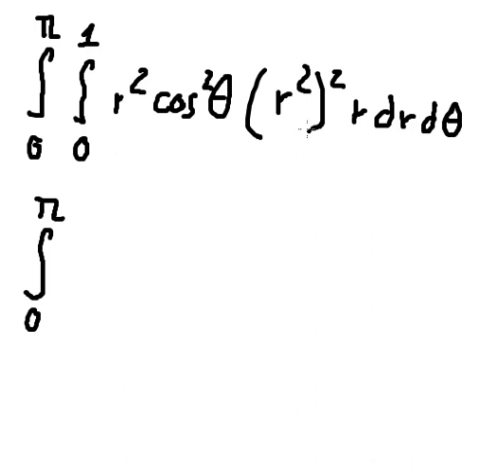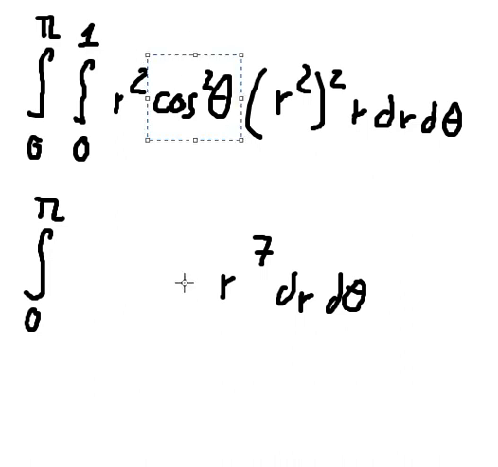So we have r squared to the power of 2 and r, that is r to the power of 7. And we put this one here.